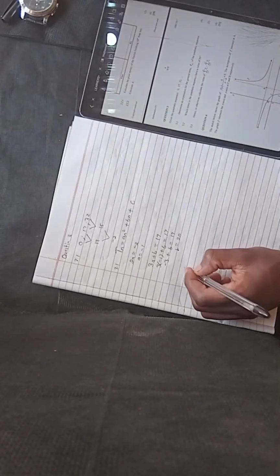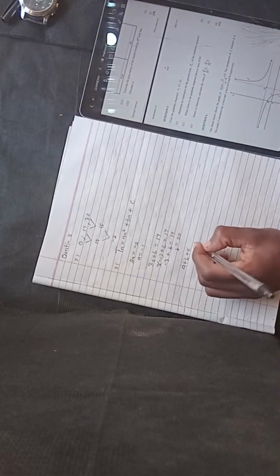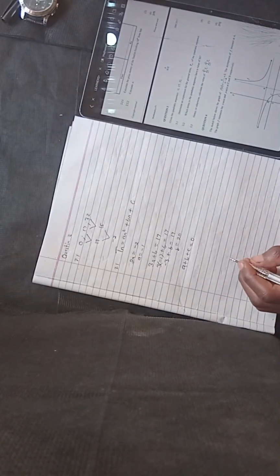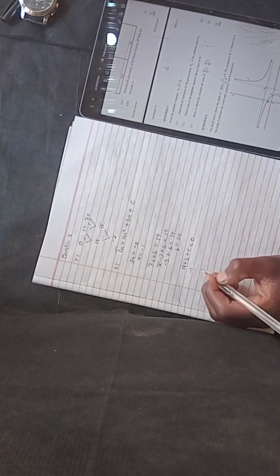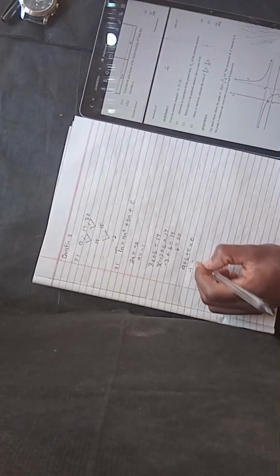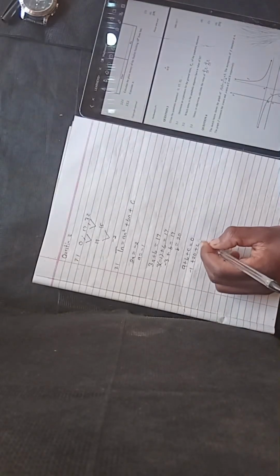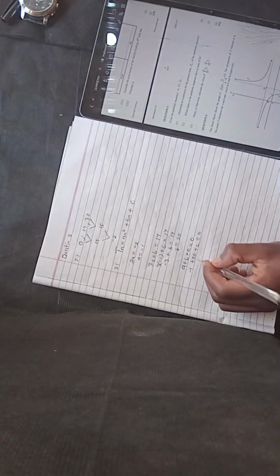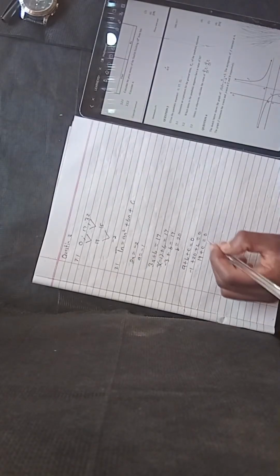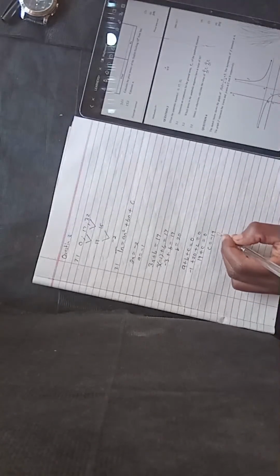a plus b plus c is equal to 0. a is minus 1, b is plus 20, plus c is equal to 0. 19 plus c is equal to 0. c is equal to minus 19.